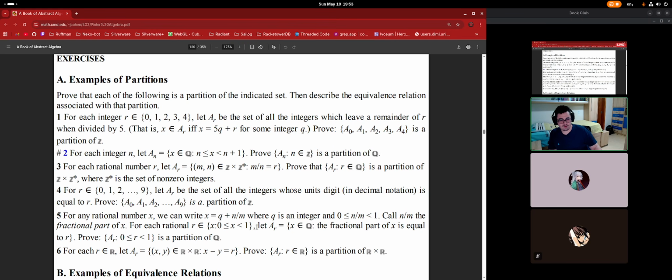So you said rationals modulo 1. Yep. And what is modulo 1 in rationals actually? Well, it's the fractional part, essentially. That makes sense.